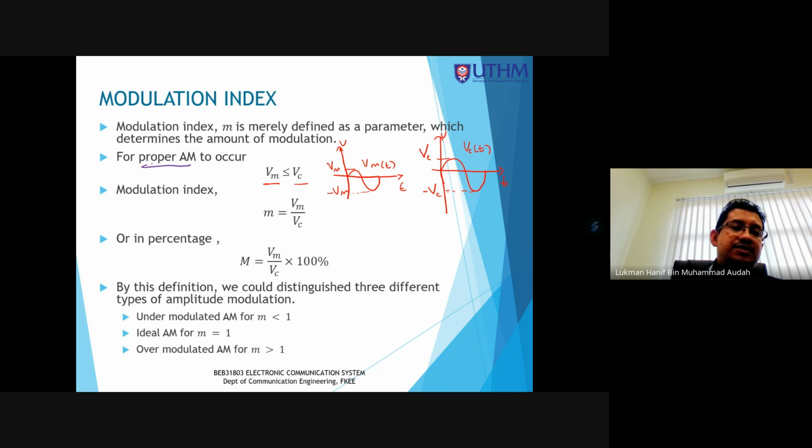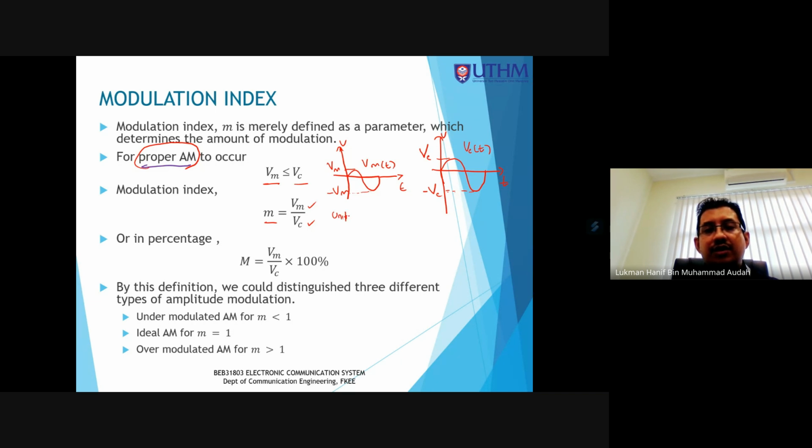So that is proper double sideband full carrier. For the modulation index, when we want to measure the ratio of amplitudes, input and carrier, m is equal to the peak amplitude of the modulating signal divided by the peak amplitude of the carrier. This is volt divided by volt, so it produces a unitless value.